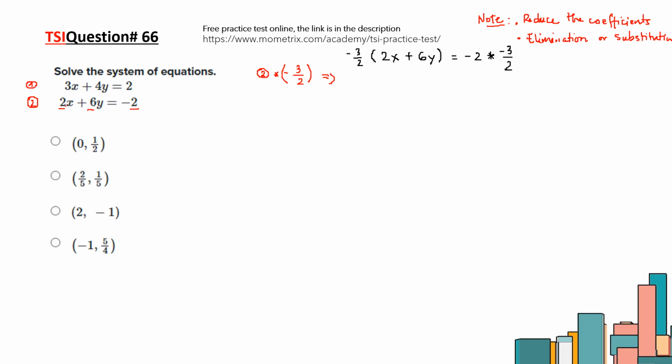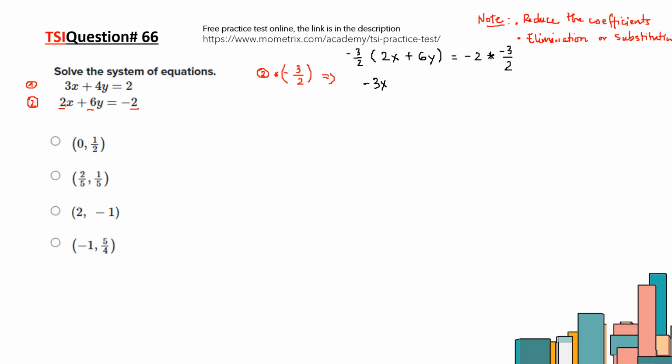Why I choose negative 3 over 2, I will explain in the next step. Let's simplify first. Negative 3 over 2 multiplied by 2x, I can cancel the 2, so I have negative 3x. That is my purpose.